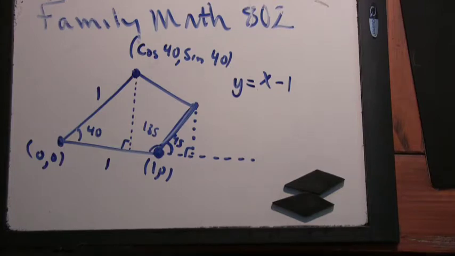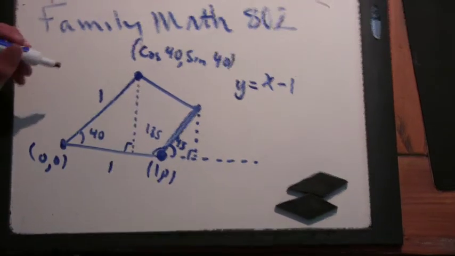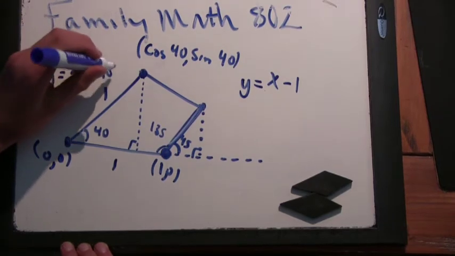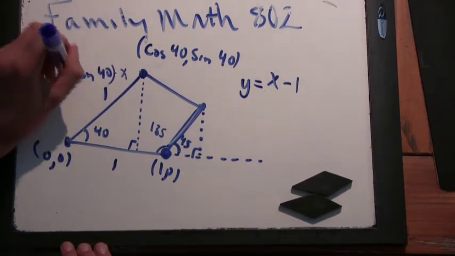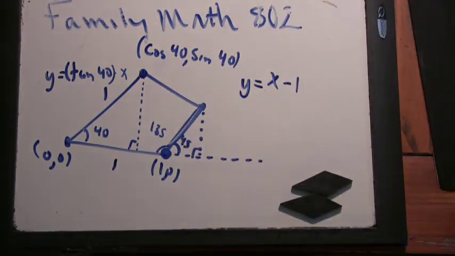It would be y equals tangent 40 times x. Okay, very good. So this line is y equals tangent 40 times x. Alright, good. The tricky thing is now finding the equation of this line. Okay, let's do that in the next video.